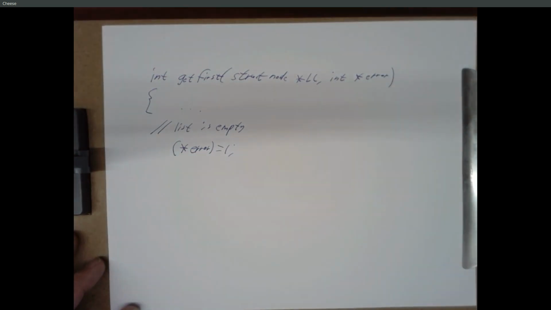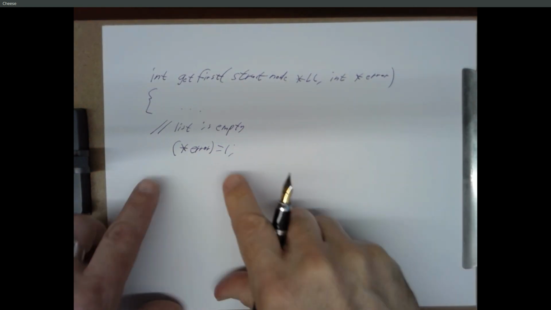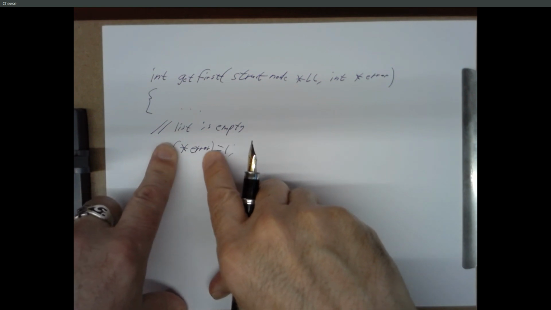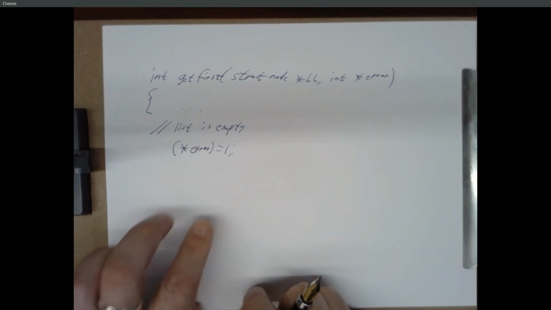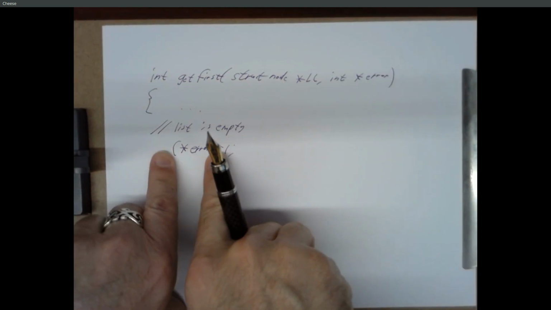Set star error equal to 1. Right, it's star error because error is not an integer, it's an address of an integer. So star error says the thing pointed to by that address. The parentheses are optional, but they let you see more clearly that this is the thing that's being set to 1.